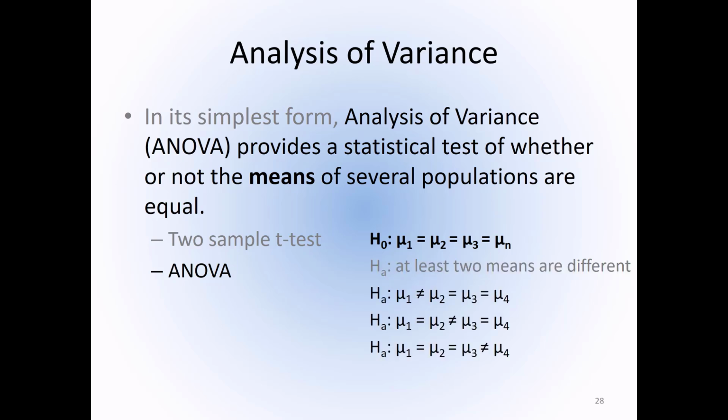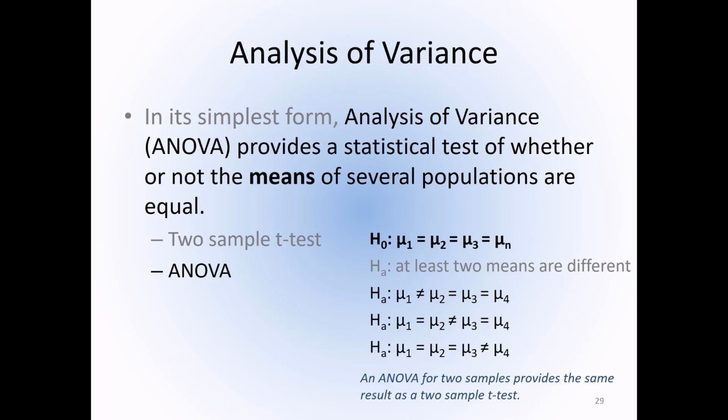And for our particular purposes, it's not critical that we identify which of those differences occur. So it doesn't matter if population 1 is different than population 2, population 2 is different than 3, population 3 different than 4. What we're concerned with is the null hypothesis in this particular case, and that we're testing against all the means being equal.